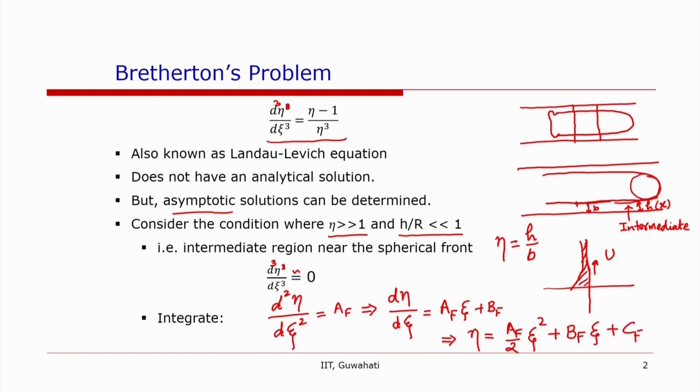So that is the film profile, and now we have three constants AF, BF and CF. Remember this is in this particular region.